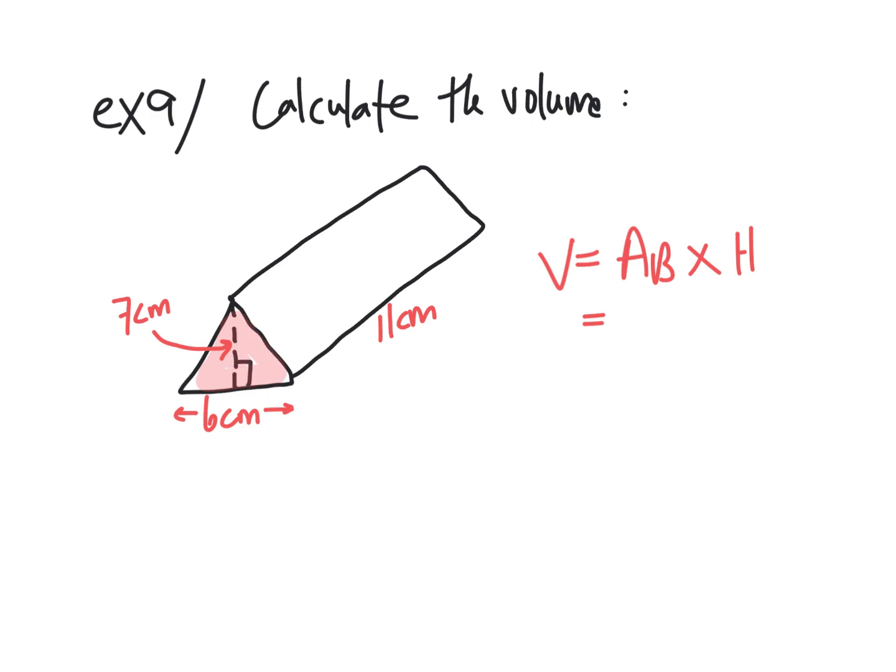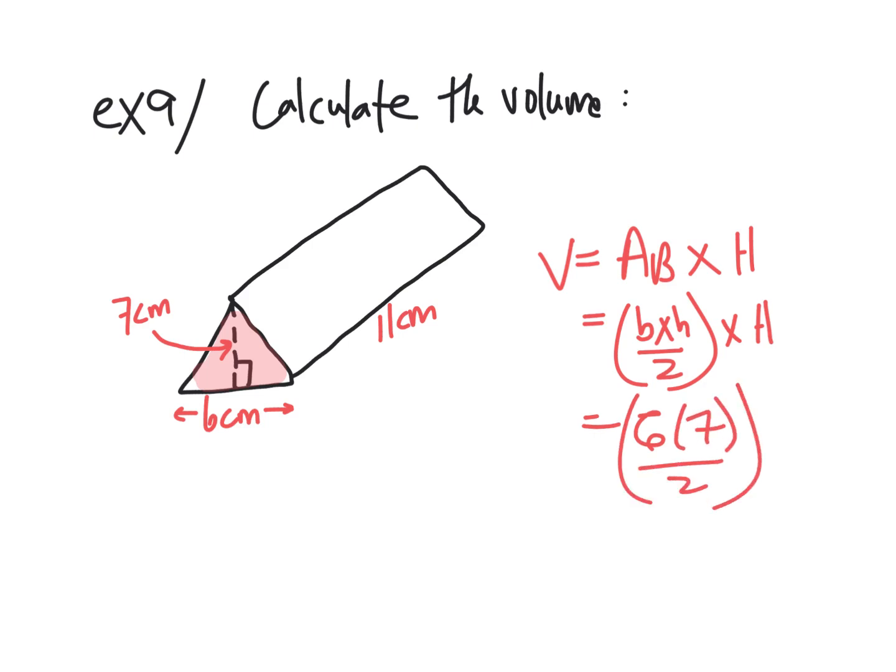So what's the area of a triangle formula? Well, of course, it's base times height of the triangle divided by 2. And then we're going to multiply it by the height of the whole figure. The base of the triangle is 6, and the height is 7. And the height of the whole thing is 11.